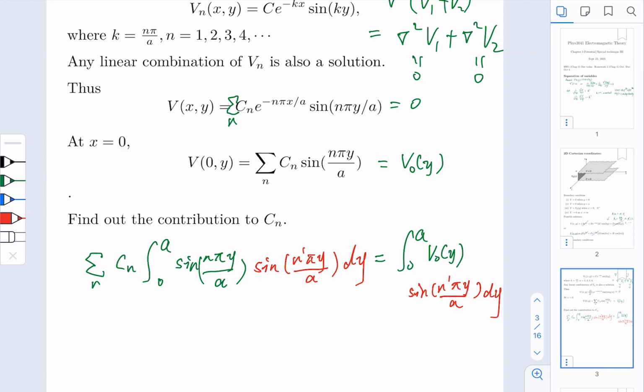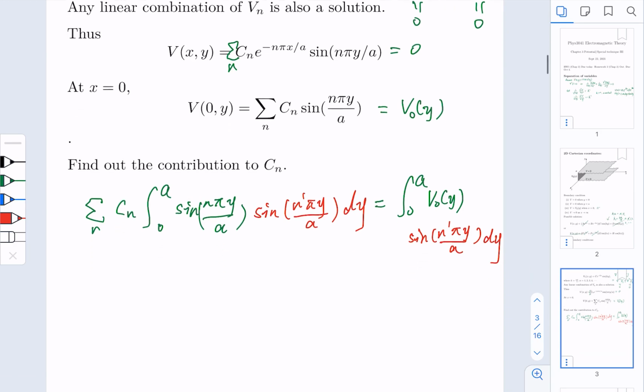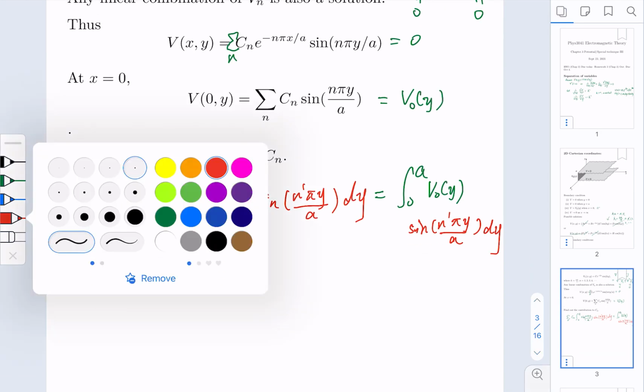So this doesn't change the expression, except that the left and the right hand side are both multiplied by this sine n prime pi y over a, and do the additional integral from 0 to a. Now let's take an additional look at the expression over here.